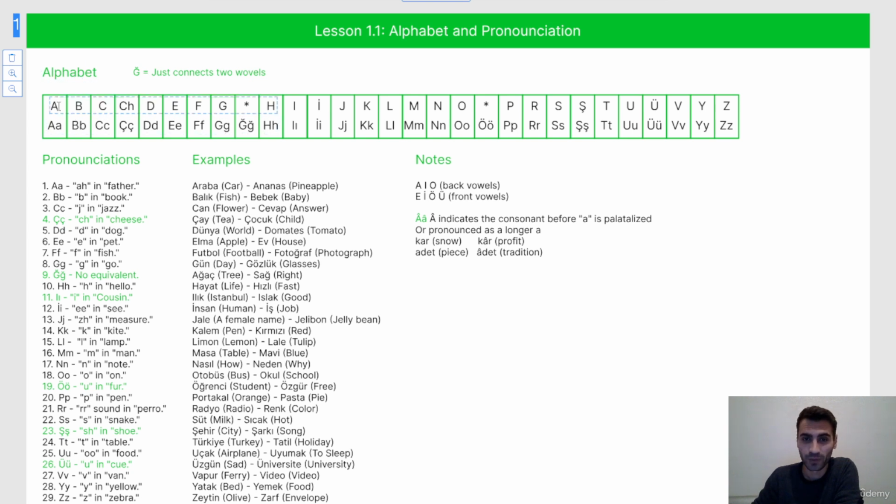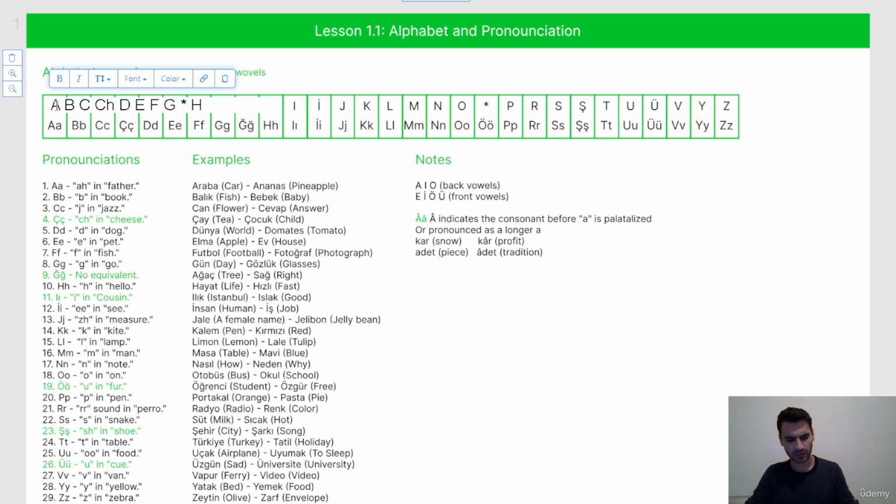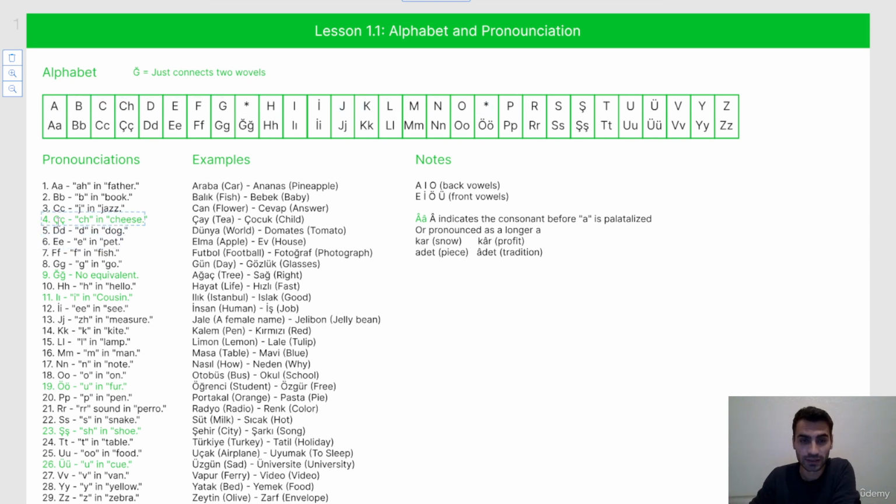Now, many of the letters in Turkish are written exactly the same as English. Only there are these green ones under pronunciations, these green ones: ç, this yumuşak g, etc. They are new to you.